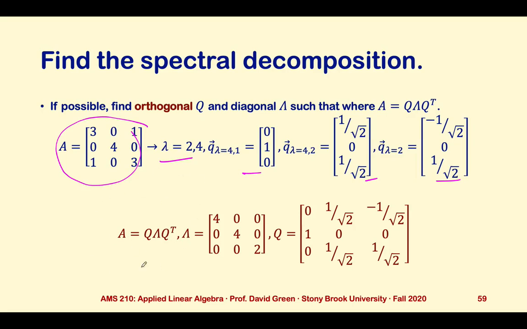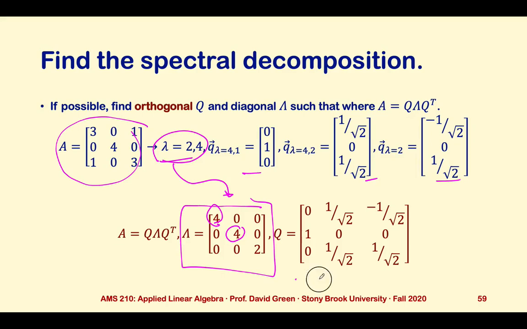To construct the decomposition, we simply take these eigenvalues and plug them into the diagonal matrix, making sure that we repeat the eigenvalues that have a multiplicity of more than 1. The eigenvalue 2 had a multiplicity of 1. Eigenvalue 4 had a multiplicity, both algebraic and geometric, of 2. We need to repeat it in this diagonal matrix.